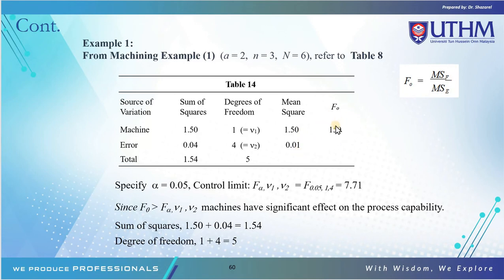This is the statistic that we are going to compare with our control limit. In the hypothesis testing chapter, we called it the critical value. Alpha here we take 0.05, V1 is 1, and V2 is 4, so we obtain the F value of 7.71.